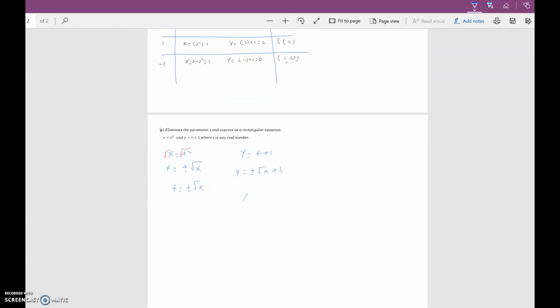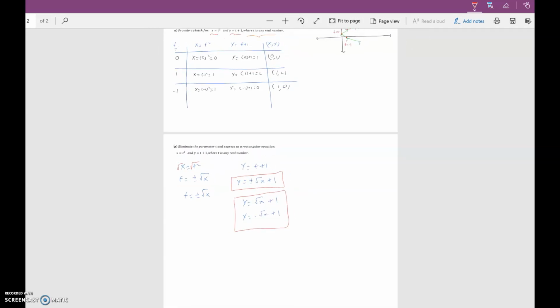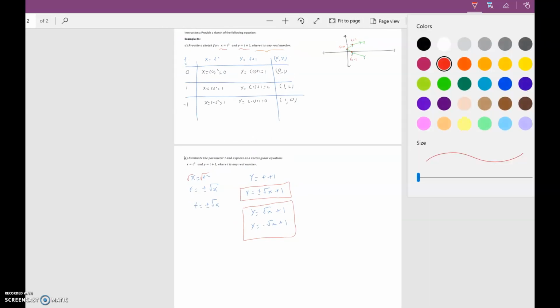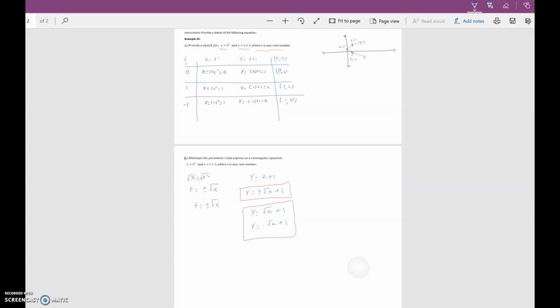So you would have that y is equal to the square root of x plus 1 and y is equal to negative square root of x plus 1. They don't mention anything about the rectangular equation being an actual function, so that's why I'm expressing it as a plus and minus. They also don't want the sketch, but let me just put the sketch on this one.